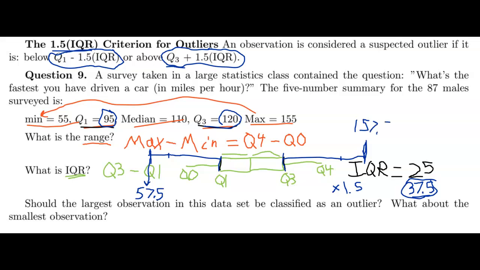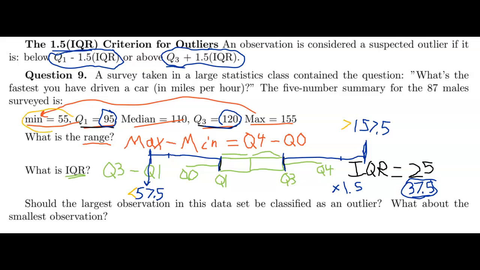All right, so now we can answer the final question. Do we have any outliers? Let's take a look. Let's be careful. We have to be below the 57.5 or above the 157.5.